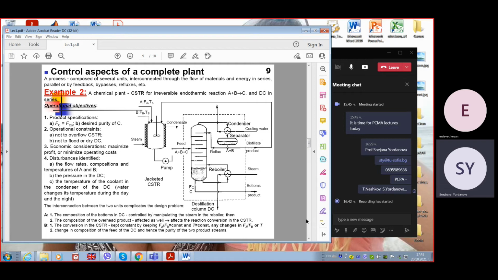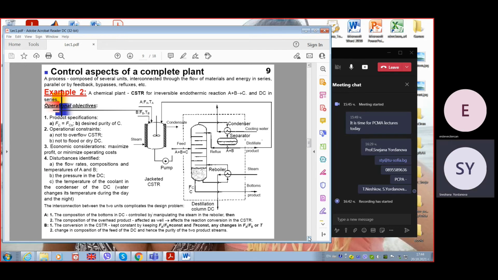So we also have operational constraints not to overflow or get dry this distillation column, and the continuously stirred tank reactor, and how to consider different disturbances such as the distribution of pressure along the height of the column, temperature of the coolant, temperature of the steam, and flow rates here and here.